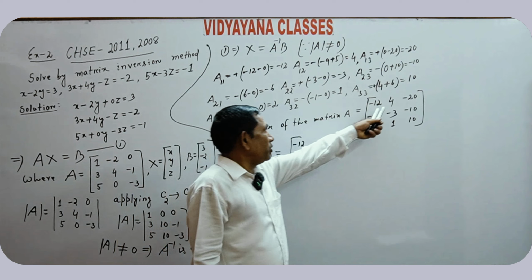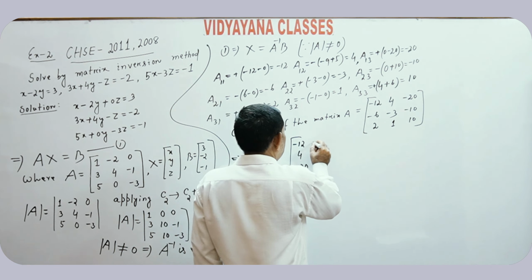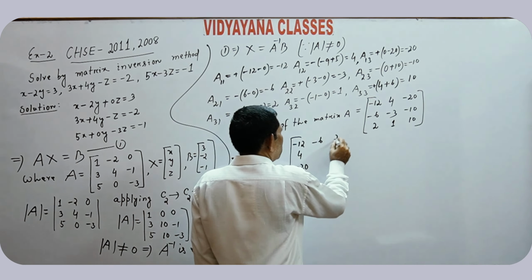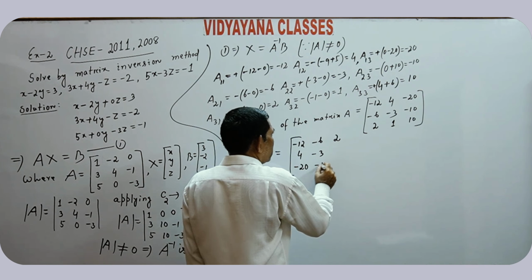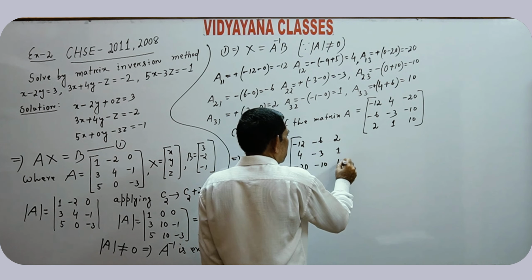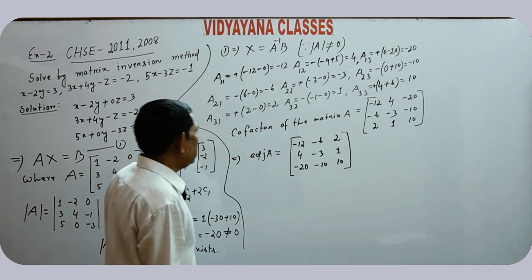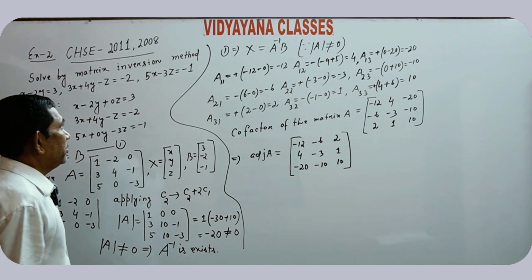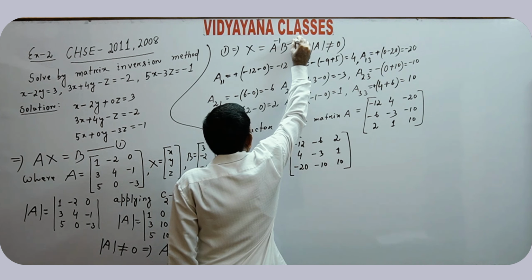Transpose means rows change to columns and columns change to rows. Minus 6, 2. Minus 3, minus 10. 2, 1, 10. Rows change to columns and the columns change to rows. It is equation 1, it is equation 2.